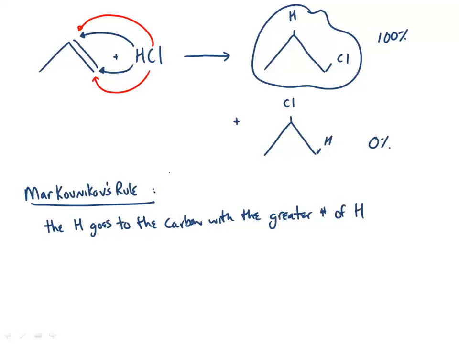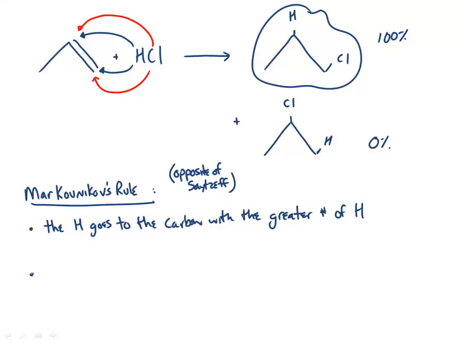Yeah, so this is good, someone's paying attention. This is basically the opposite of Zaitsev. One of the things is, and I got to be honest, every year I have to refresh my brain on this because I can never remember which one goes to the greater and which one goes to the lesser. And so Zaitsev's and Markovnikov's rule are very easy to get mixed up.